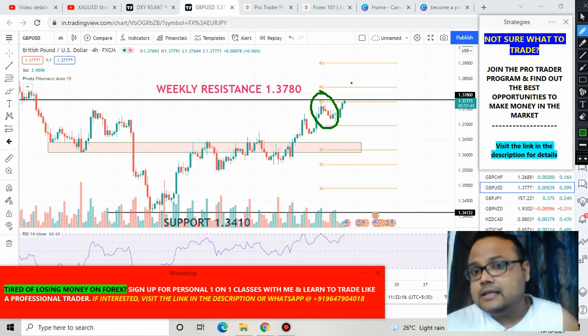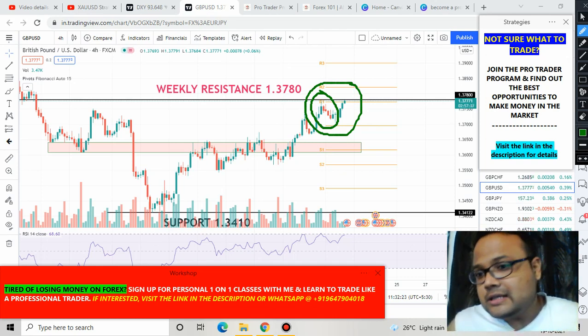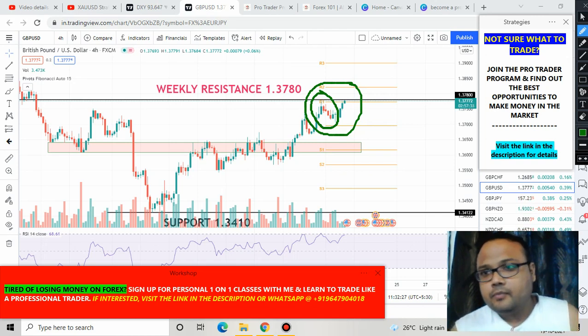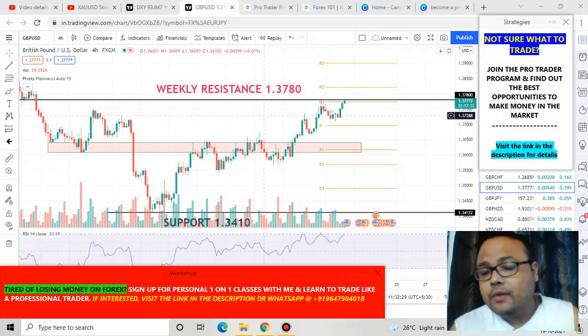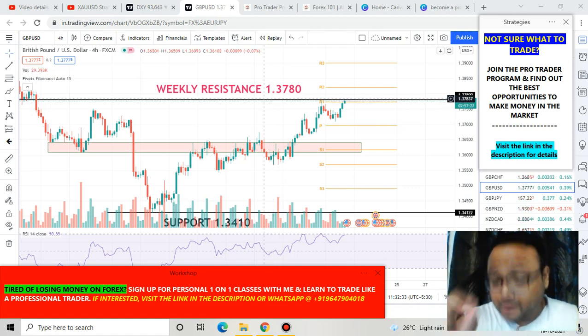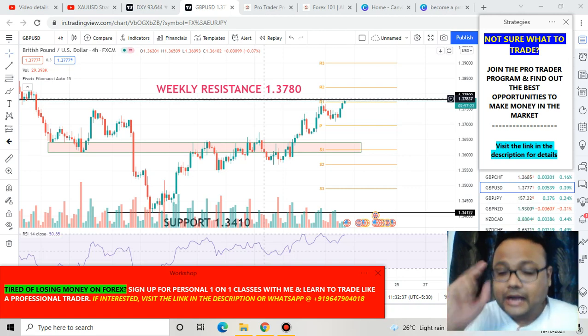Yes, this is the most important thing, the market immediately recovered. So it clearly shows that there are buyers also present in the market. Though we have a weekly resistance level, the buyers present in GBP USD are not ready to surrender. Are you getting my point?